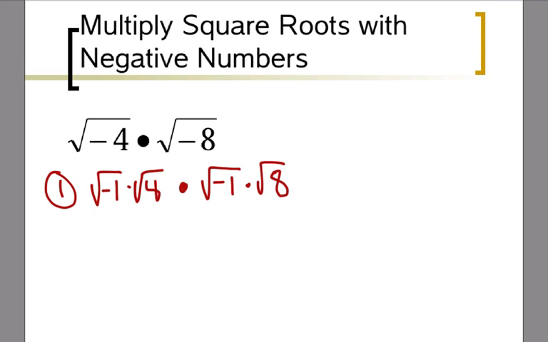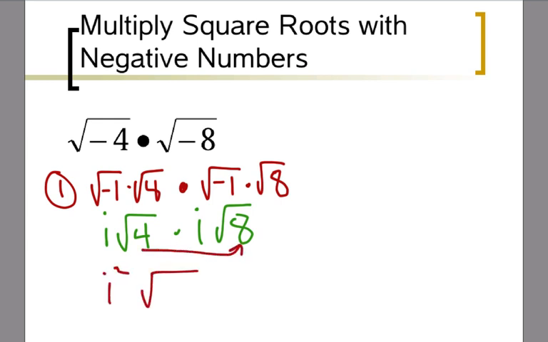In other words, this is i root 4 times i root 8. So if you do it this way, you pull out your i for both of those two problems, we get i squared root, you multiply the 4 and the 8 together to get 32. Okay, i squared, we said earlier, was negative 1.